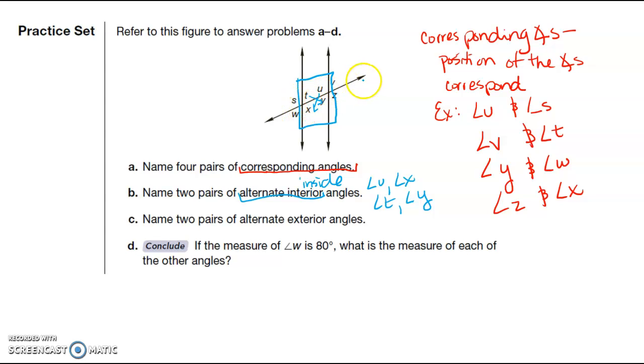They're on the opposite sides of the original line. These are called transversals. Okay. And so U and X are the same and T and Y are the same. These are all properties of a line that is cut by parallel lines.